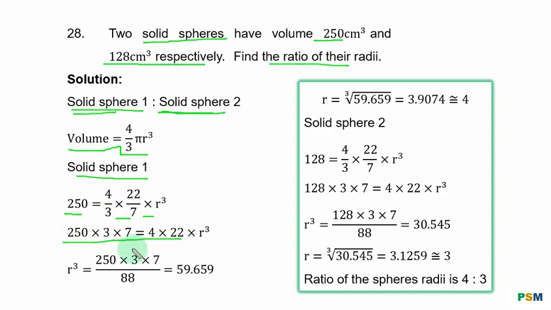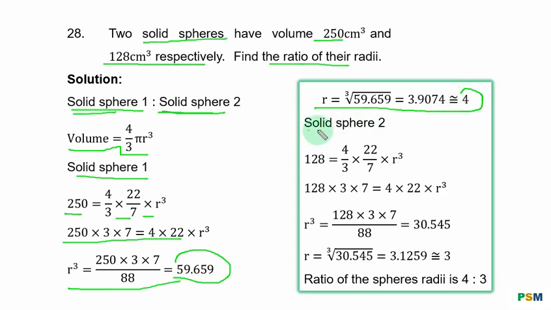Divide both sides by 88, the product of 4 and 22, in this form, and you have 59.659. Take the cube root of both sides in order to get the radius of the first sphere, and you have it to be approximately equal to 4.